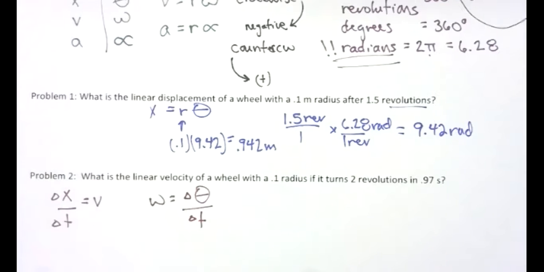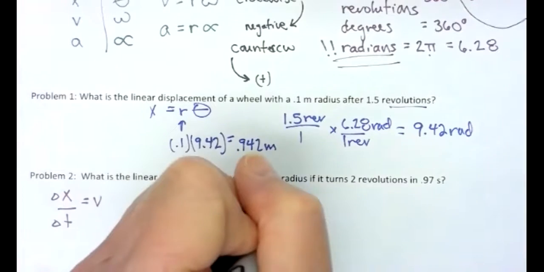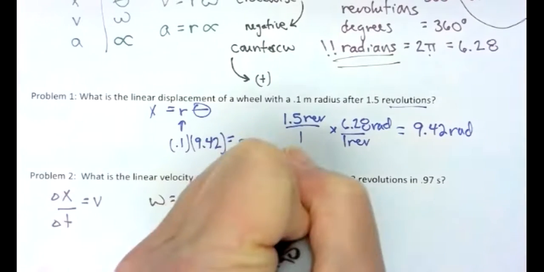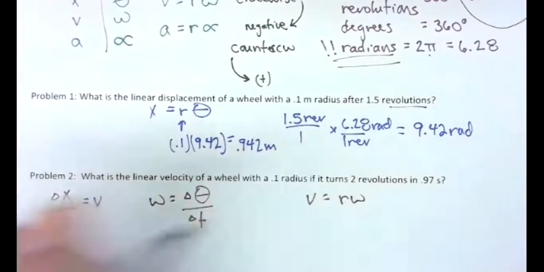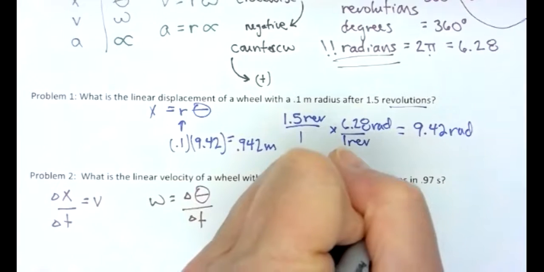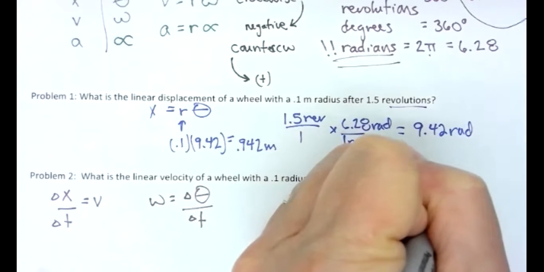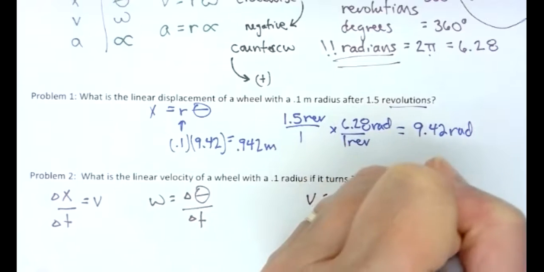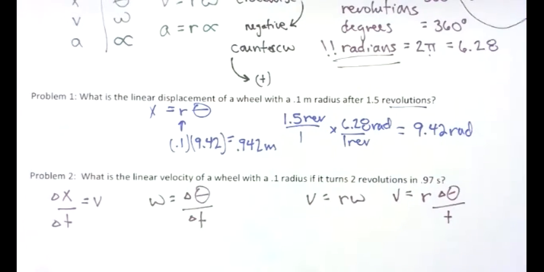So instead of using x, we're going to use that. And what we want to do here is go from a rotational velocity to a linear velocity. So we also know that this is equal to radius times omega. So if I rewrite my equation, I can say that my straight line velocity is going to be equal to the radius times my displacement over time.